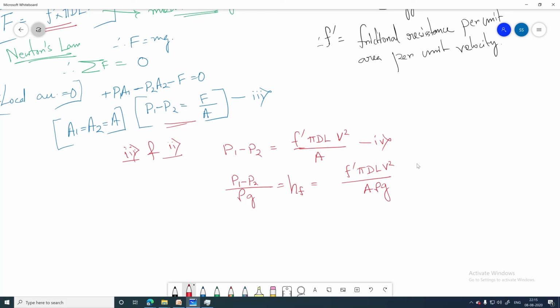After getting this equation, you write beside it that HF is the head loss, and if you divide that HF value by L, you get the head loss per unit length.